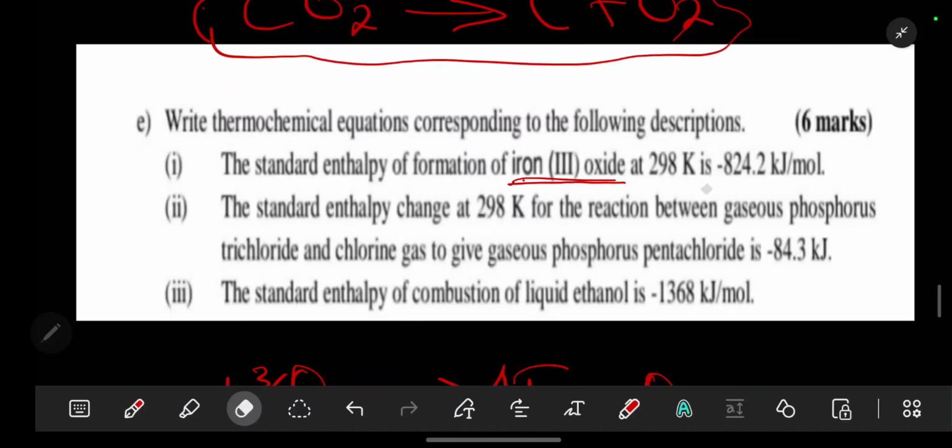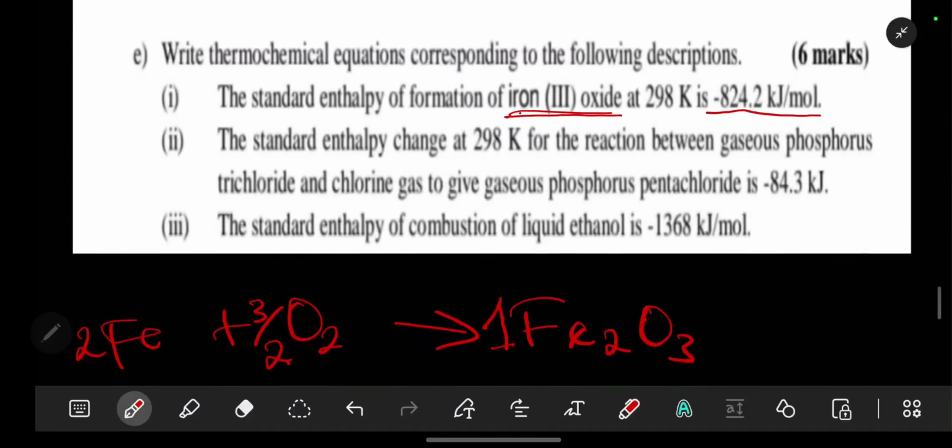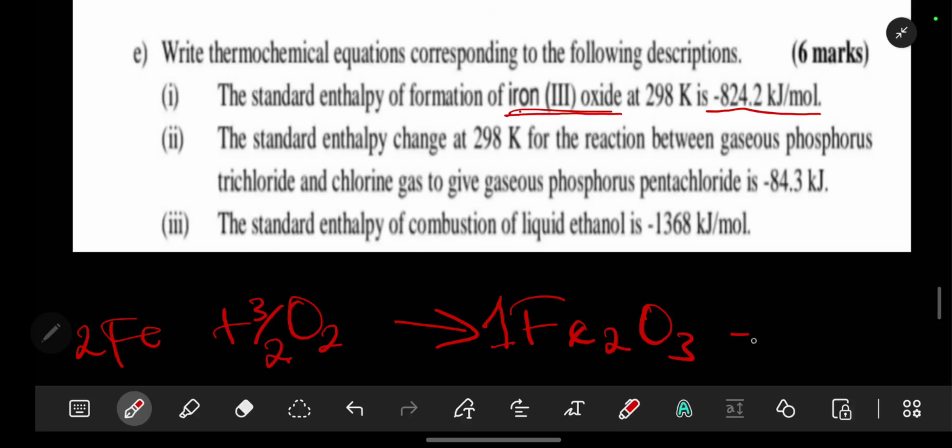So this will now correspond to this. We have the change in enthalpy equal to negative 824.2 kilojoules per mole.